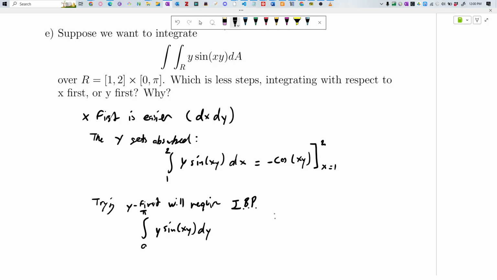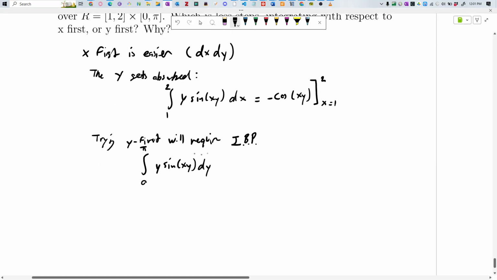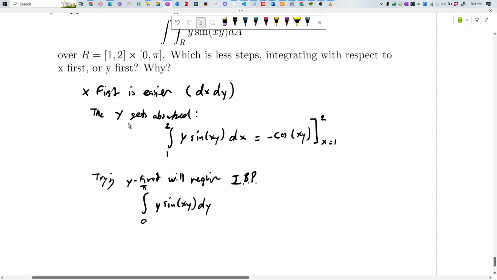It is theoretically doable. I believe the book actually goes through an example of this, and I think I opted not to in my lecture. But yeah, integrating x first is easier. Maybe I'll box that as my answer.